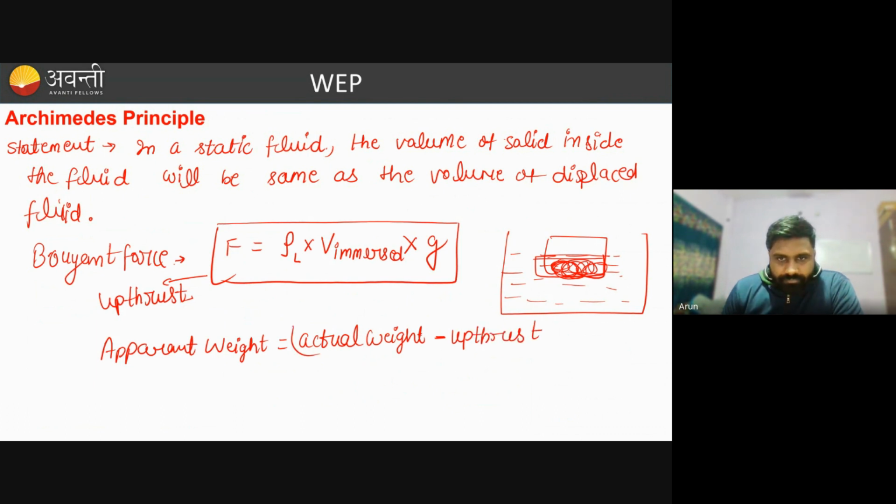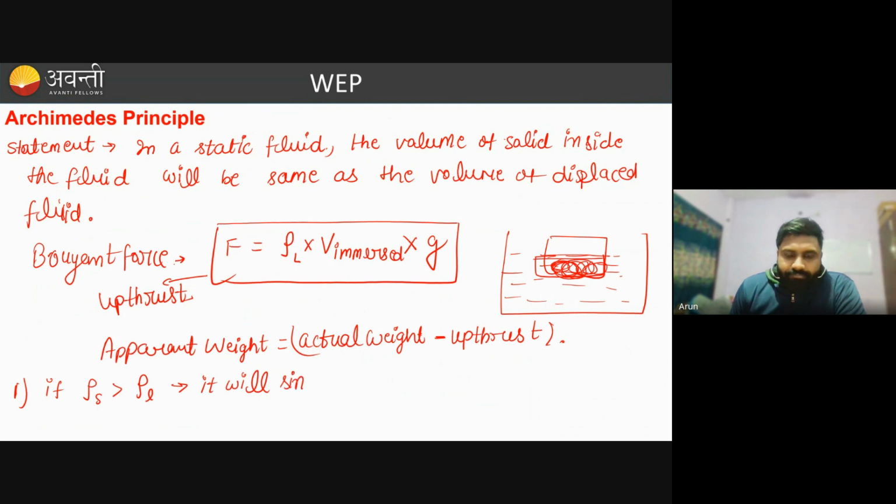Okay. Now, based on that principle, we can say that first, if density of solid is greater than density of liquid, then it will sink in the liquid. वो डूब जाएगा.